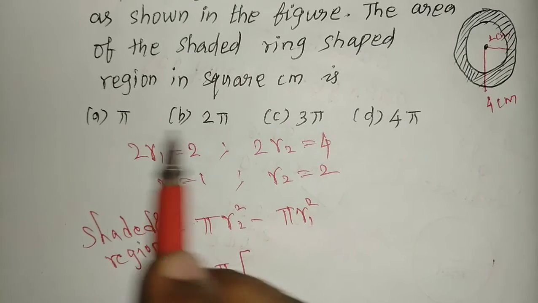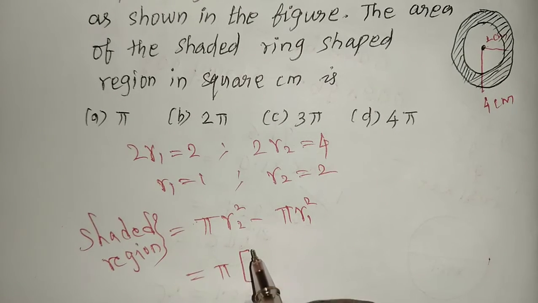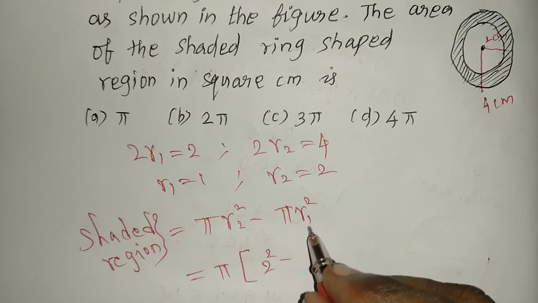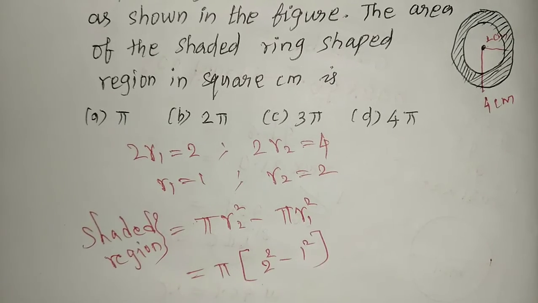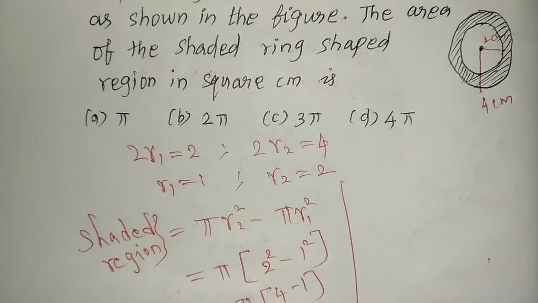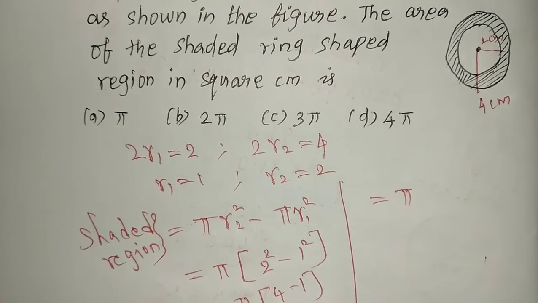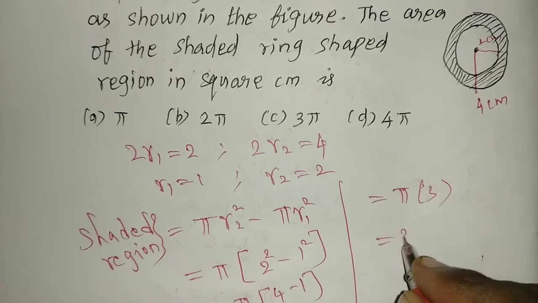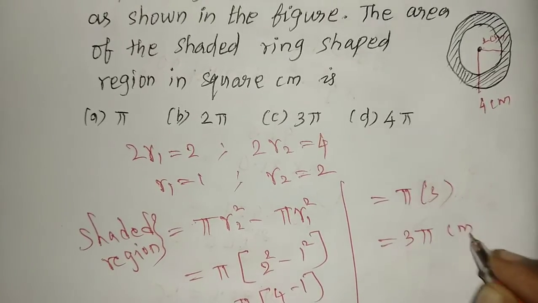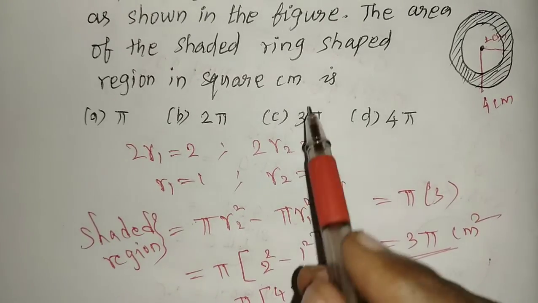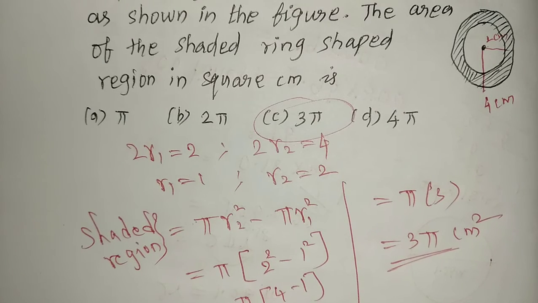So R2 value we know is 2 squared minus R1 squared, 1 squared. So this is very easy to go. Pi into 2 squared value 4 minus 1. So we are getting simply pi into 4 minus 1, 3, means 3 pi centimeter square. So we have this as option C. So that is our required answer.